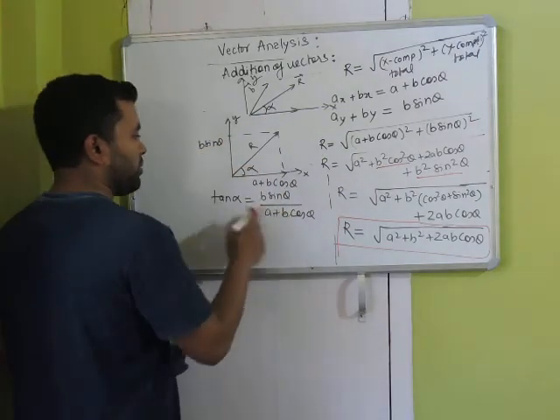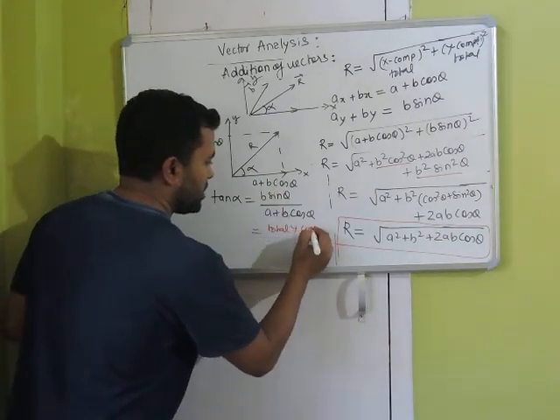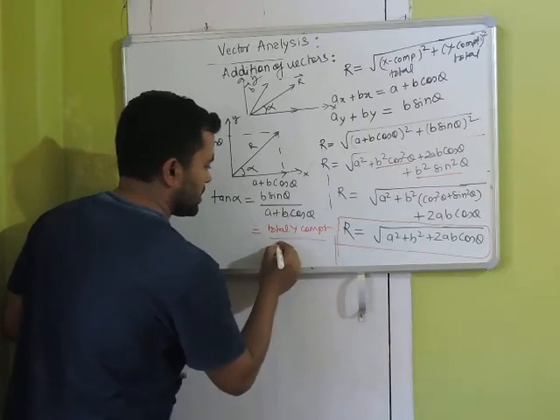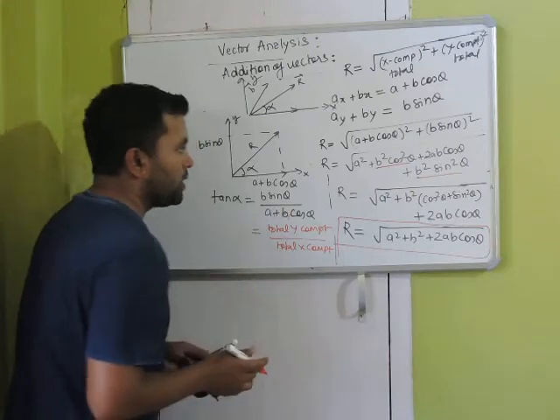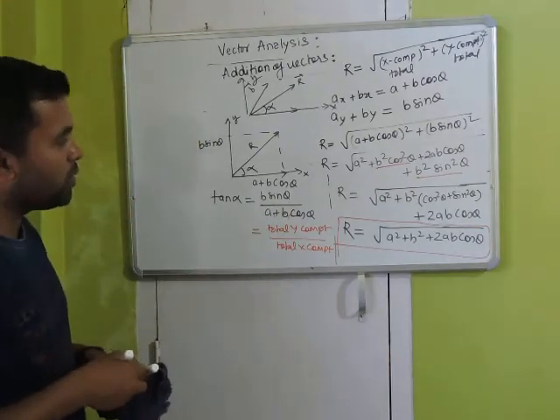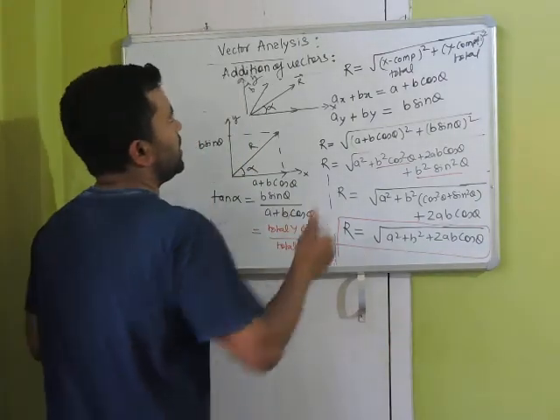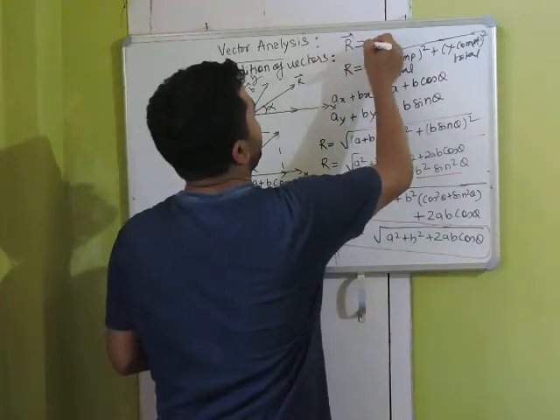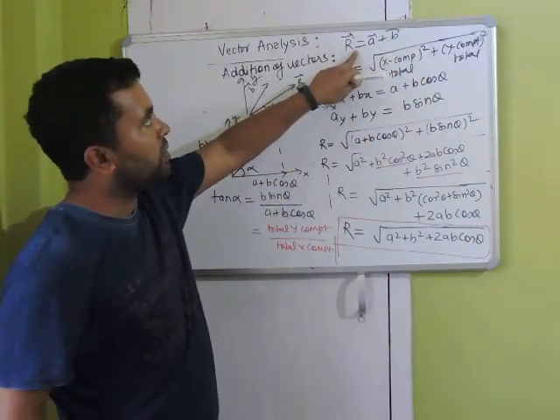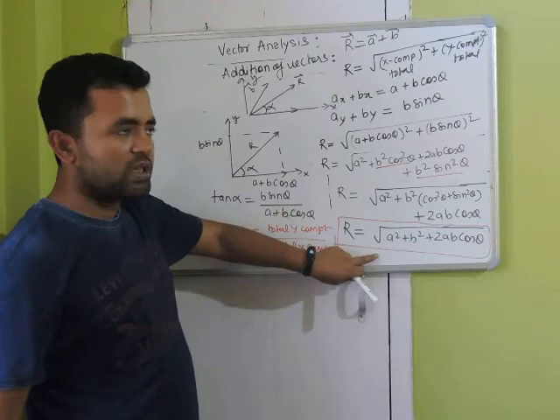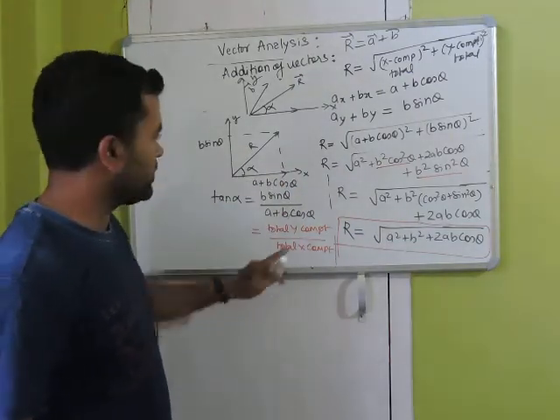The short form of this will be total y component over total x component. So three things: R equal to a plus b by the triangle law; the magnitude, if you have to obtain the number, you have to use this formula; and the direction at which R acts is given by this, fine.